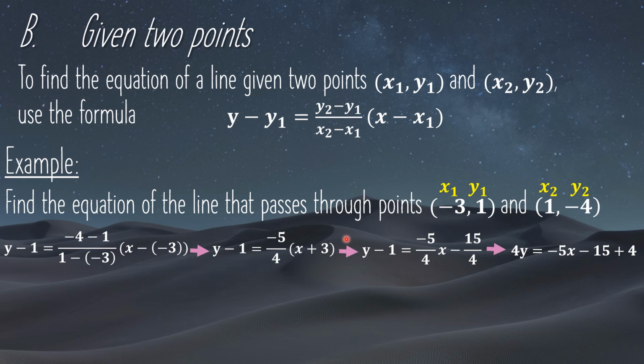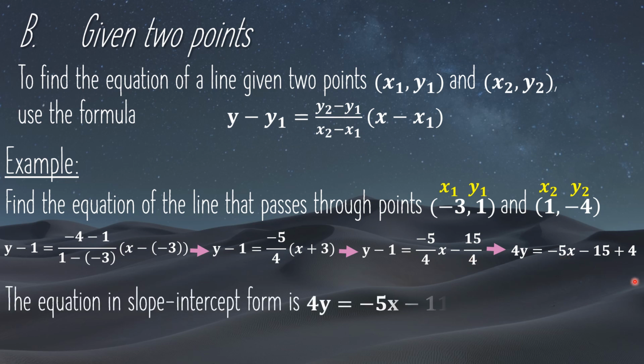It is because 4 times y is 4y. And then, 4 times negative 1 is negative 4, pero tinranspose na natin, so naging positive 4. 4 times negative 5 over 4x will be negative 5x, kinancel lang natin. Ganon din dito sa negative 15 over 4, kinancel lang natin yung 4, kaya negative 15 pa rin. Nawala lang yung denominator. So let us now simplify.